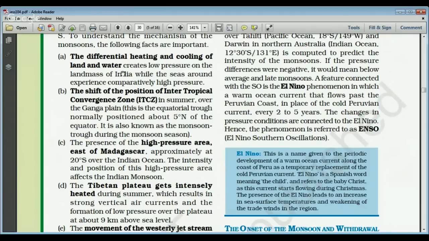Because of the high pressure created east of Madagascar, approximately at 20 degrees south in the Indian Ocean, the intensity and position of this high pressure area is very important for the Indian monsoon, because the more high pressure is created there, the more southwest winds it will push towards India, and that is why there will be more rainfall in India.